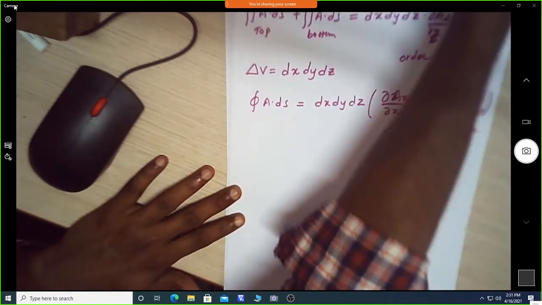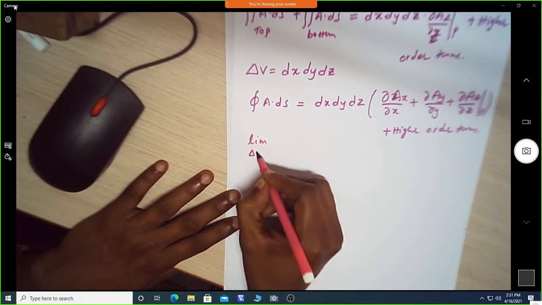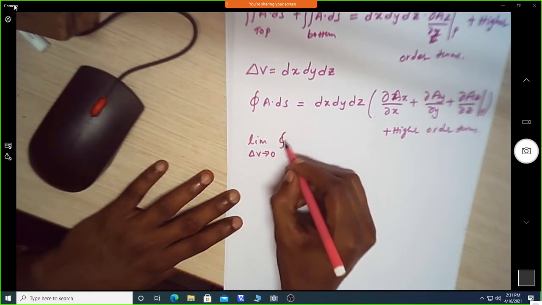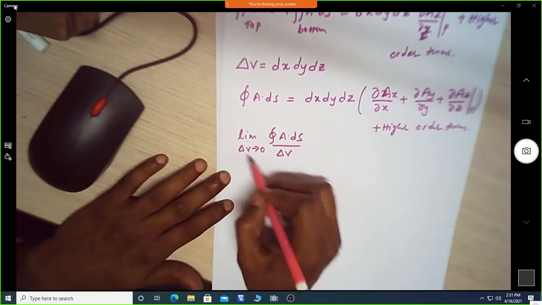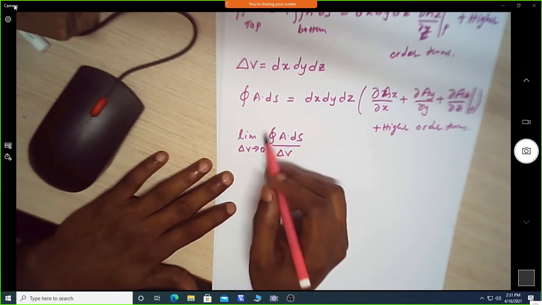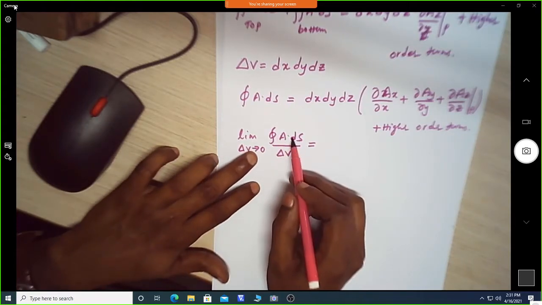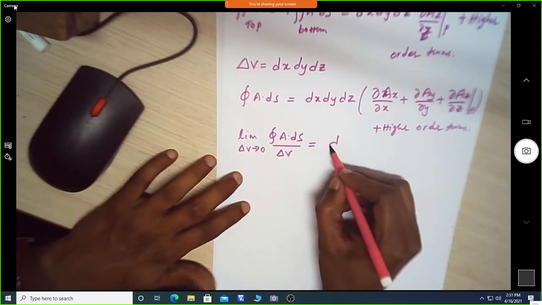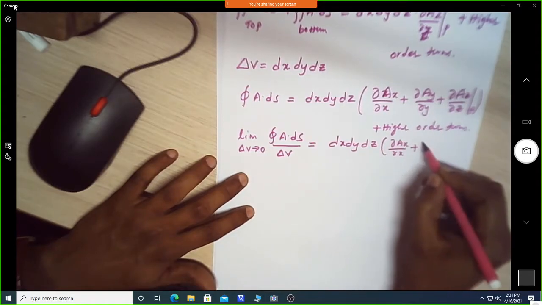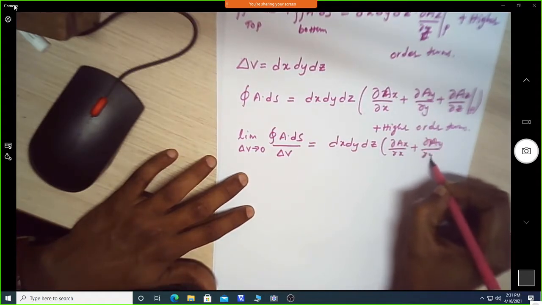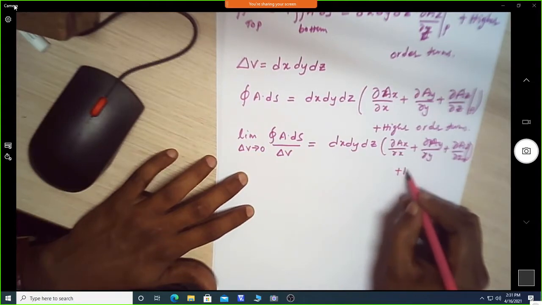If I apply the limit del V tends to 0 to this surface integral of A dot ds, this defines the divergence of A. So we know the closed integral of A dot ds is dx dy dz times del Ax by del x plus del Ay by del y plus del Az by del z at point P plus higher order terms.